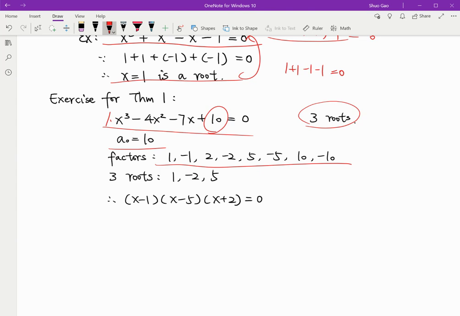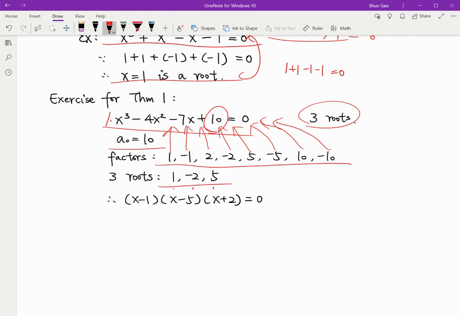Again, what we're going to do is plug in one by one into this equation to see if this equation holds, plugging in all the numbers. And we find that there are exactly 3 roots here: 1, minus 2, and 5.